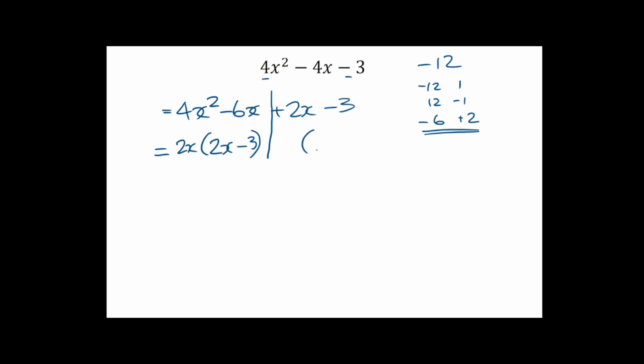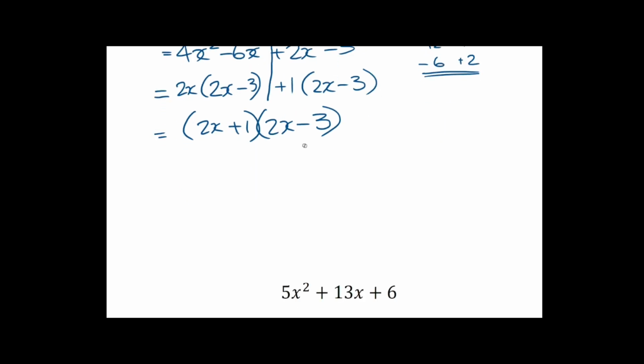And now we want 2x minus 3 there, but it's already negative 3, so we're going to add plus 1, and that's going to make it true. So our answer is 2x plus 1 times 2x minus 3. And if you expand it out, you'll get what we originally started with.